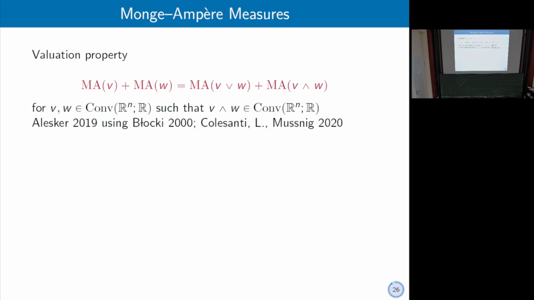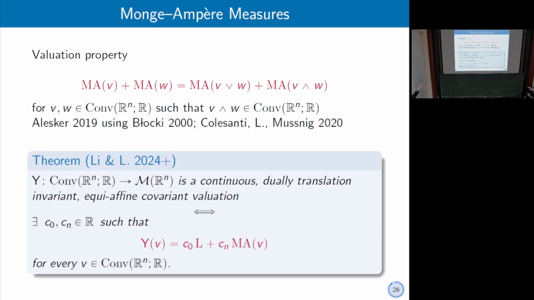And Monge-Ampère measures have the valuation property. So a posteriori, it's not so difficult to see, but I think this was first pointed out by Alesker using a result on complex Monge-Ampère measures by Blocki. And we also gave a proof of this in a more measure theoretic approach. And if you take this together, you get one direction of the following theorem, and the other direction is joint work with Jin Li.